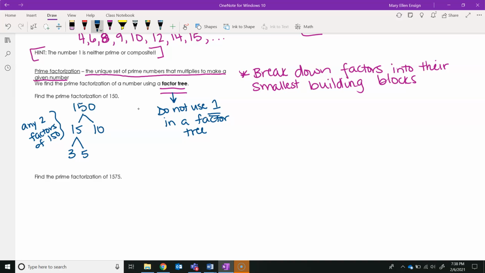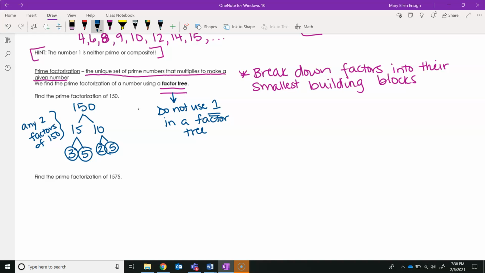But when I look at it, I see that that is prime. So I can't break it down. So if it's prime, I'm going to circle it and end there. Same with 5. I go back up to 10. Is 10 prime or composite? It's composite because I can break it up. So 2 times 5, and I notice that both of those are prime. So I circle them.